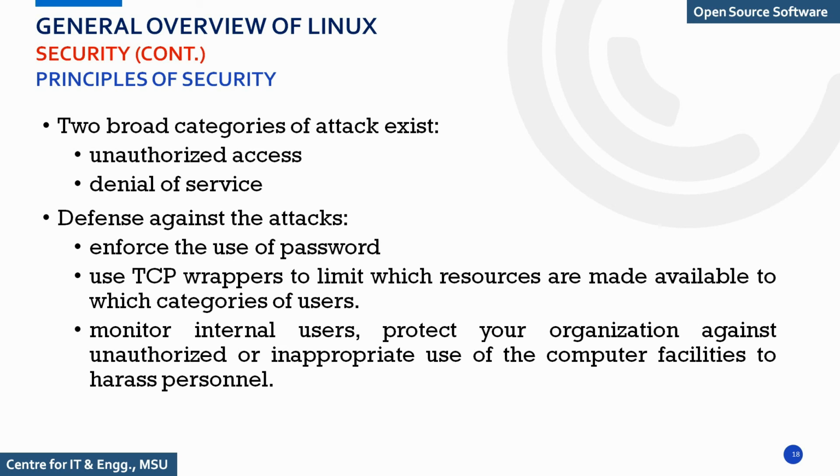Then we can use TCP wrappers to limit the resources that are made available to categories of users. Okay, every category of user can be limited to the usage of particular resources. Next one is to monitor internal users, and protect your organization against unauthorized access or inappropriate use of the computers.